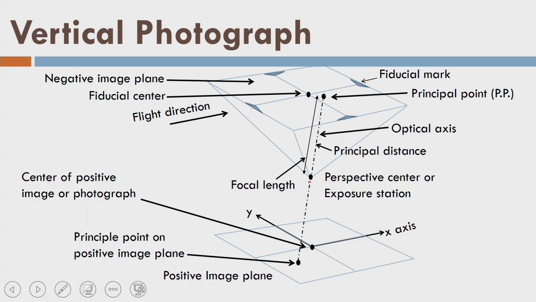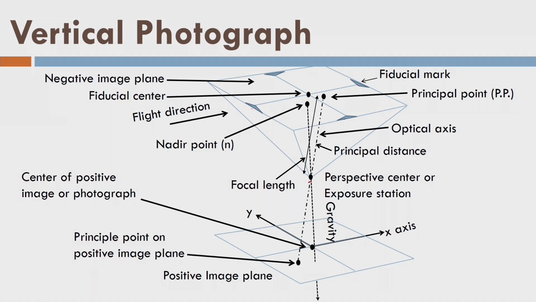So, let us draw the x-axis and y-axis on the photograph, so that I can refer to any point on the positive image. This is the gravity direction. Now, you can see even the fiducial center of the image is not matching with the nadir point small n, which is the image of the real nadir point on the ground. So, we have realized that the optical axis need not match with the gravity direction, because there is a random error, and we know that there is a random error although we cannot measure it.